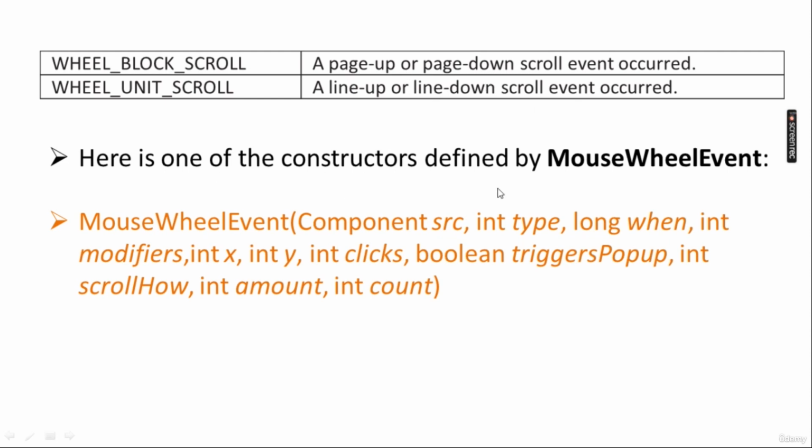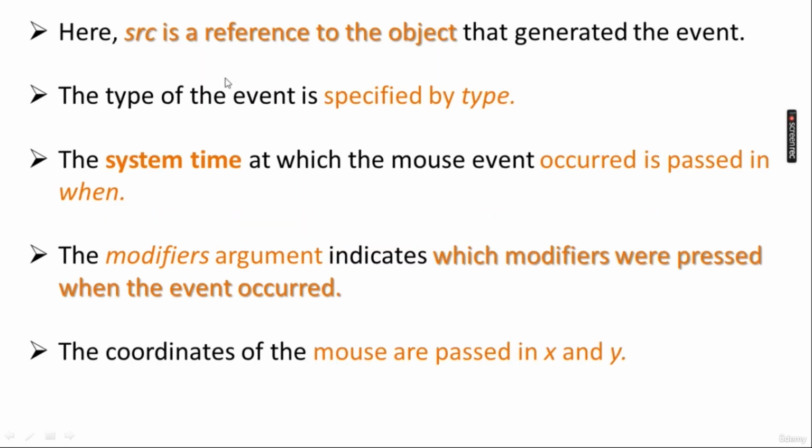Here is one of the constructors. MouseWheelEvent(Component source, int type, long when, int modifiers, int x, int y, int clicks, boolean triggersPopup, int scrollHow, int amount, int count). Source is a reference to the object that generated the event. Type is given by type. The system time at which it occurred is given in when.